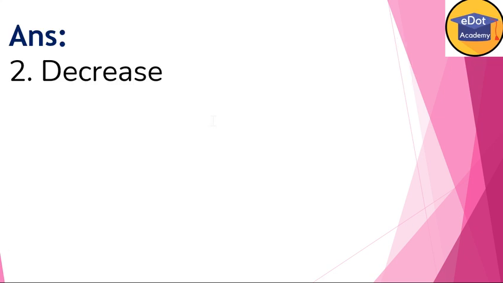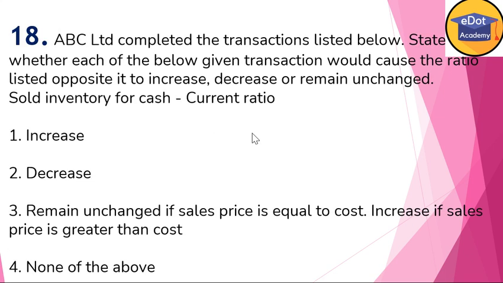Now next question. The data is the same here. Sold inventory for cash. That means the stock you have is being sold, and the question asks about the current ratio. The current ratio is current assets divided by current liabilities.